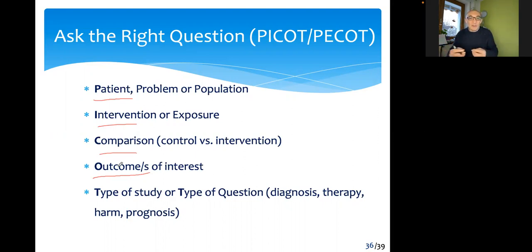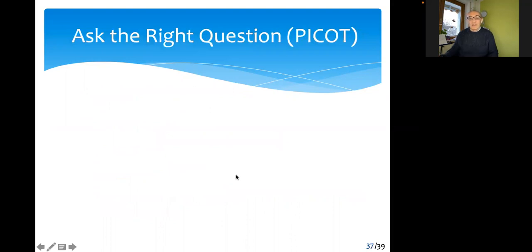What is your objective to change with your practice? And of course, the T's stand for type of study. That means the evidence rank, and type of question, because we have mainly two types of questions, the background and foreground questions, but this we will discuss in our future classes.